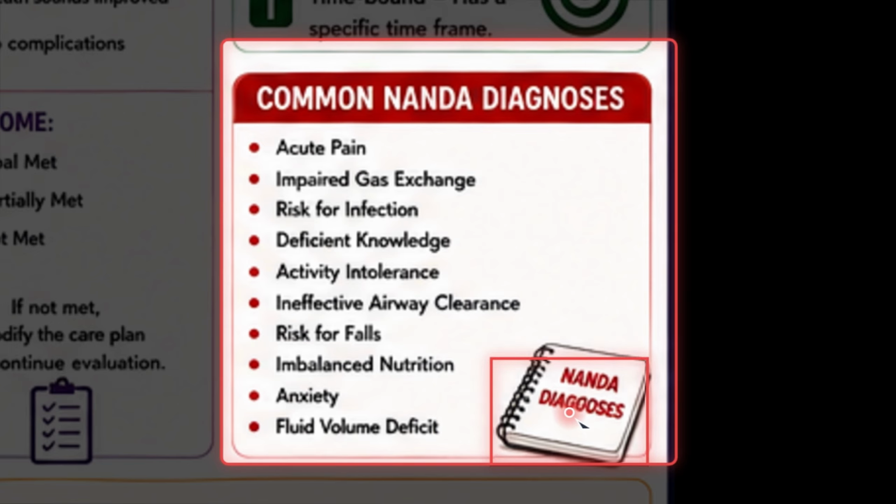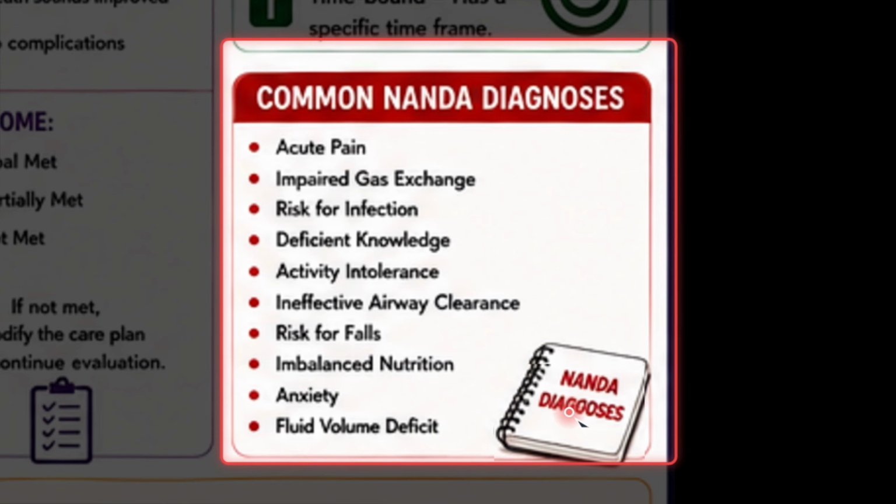Eighth, imbalanced nutrition, less than body requirements. Ninth, anxiety, addressing emotional and psychological distress. And 10th, fluid volume deficit, vital in dehydration, hemorrhage, or severe vomiting. Mastering these standard diagnostic titles enables rapid, accurate, and standardized communication across the entire healthcare team.